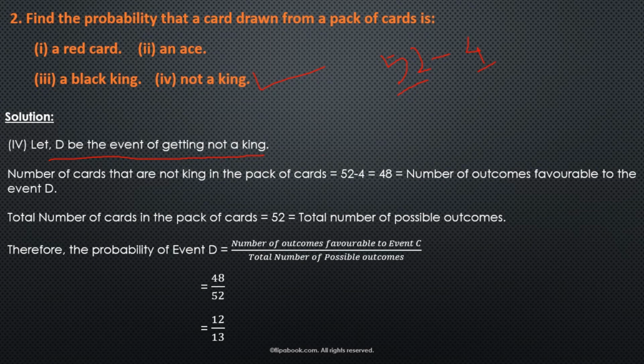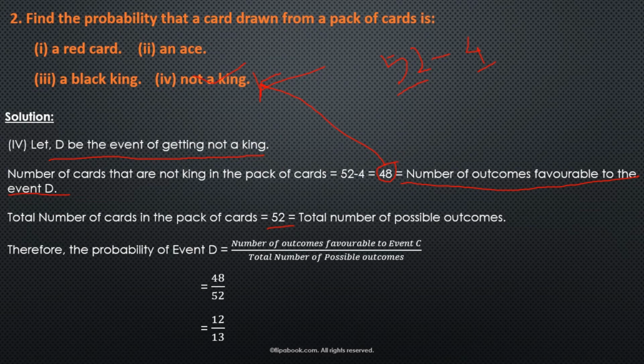I hope this is clear. So this is the number of outcomes favorable to event D, that is of getting a card which is not a king. And in this case, the total number of cards is going to be how much? 52. Then after you replace the values, cancel out the common factor, and here you go. This is your answer, 12/13.